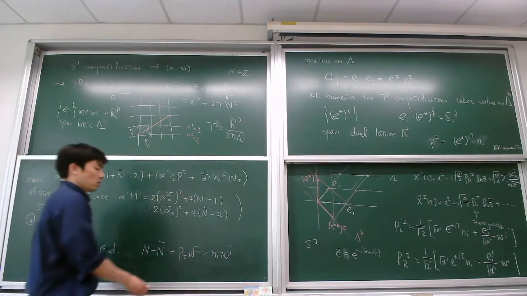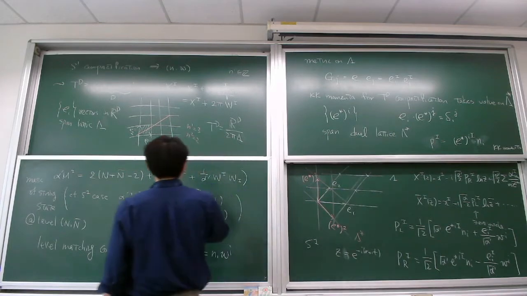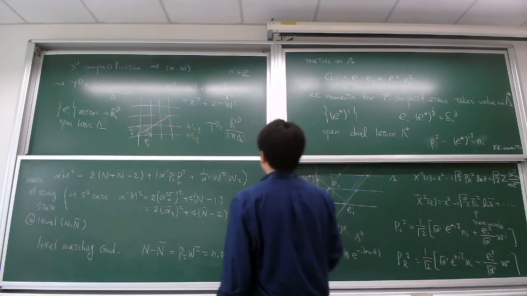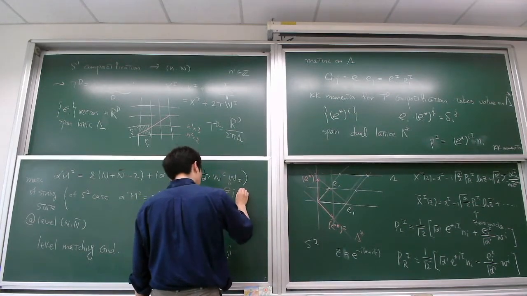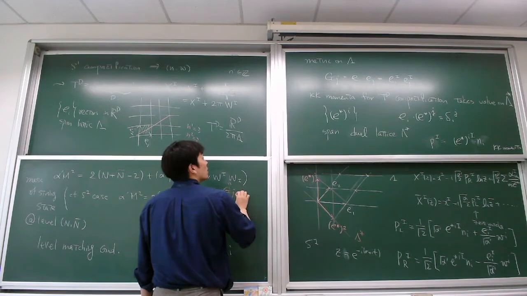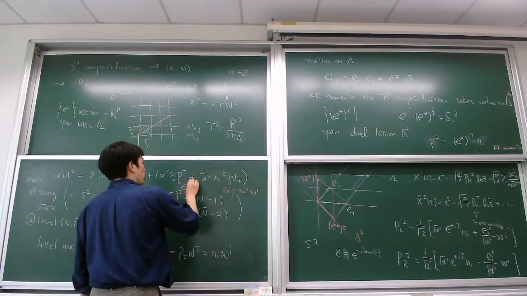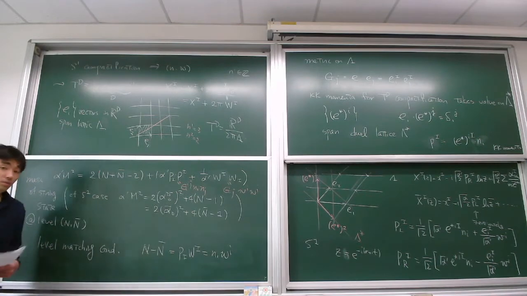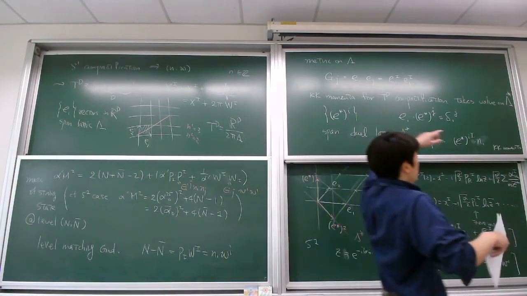And in fact, this can be written as G^ij w_i w_j, and this is G_ij n_i n_j. This G_ij is the metric of the dual lattice.